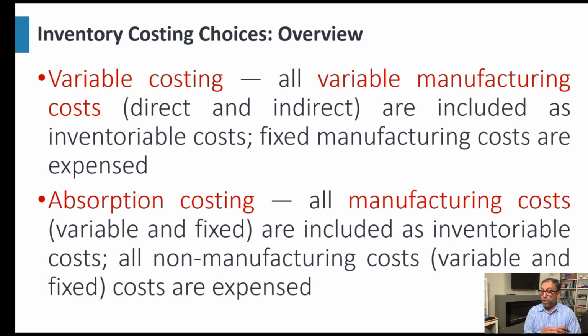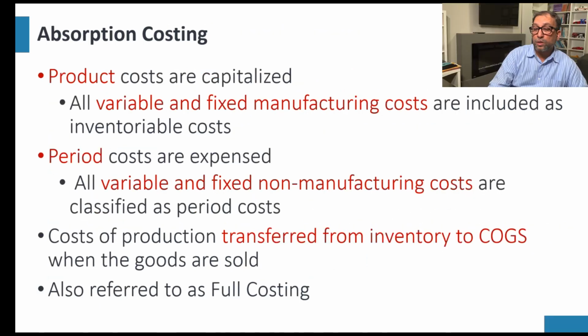What we do is add up all the manufacturing costs. So this point here, which is in red color, is variable manufacturing, and we are saying here all manufacturing cost. So that's the main difference between variable costing and absorption costing.